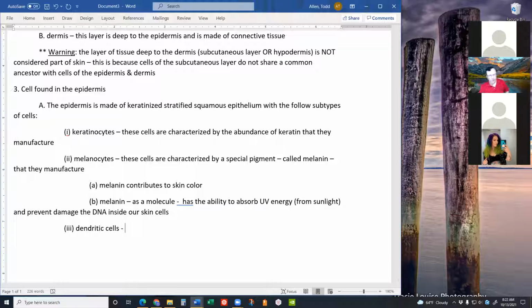Dendritic cells are also known as Langerhans cells.